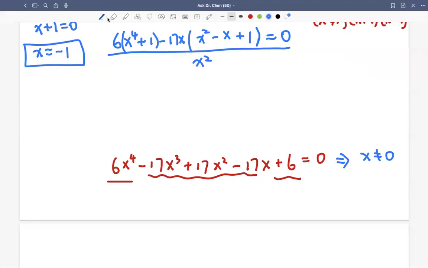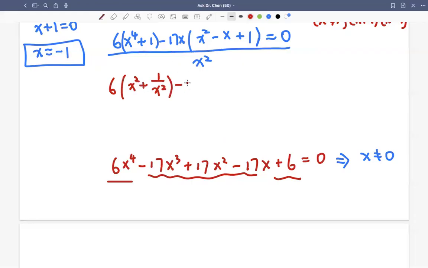So let's see. Then something happens very nicely. We have 6 multiplied by x to the 4 divided by x squared, that would be x squared. Then 1 divided by x squared would be 1 over x squared, and we want to make this a perfect square, so maybe we'll do that later.